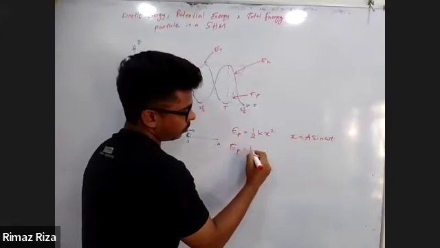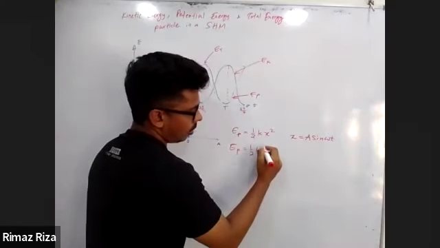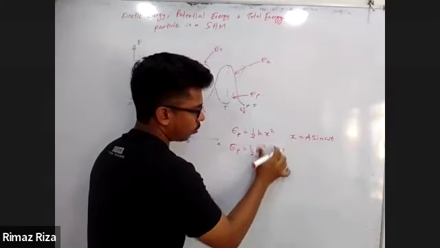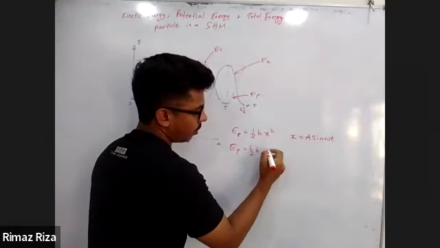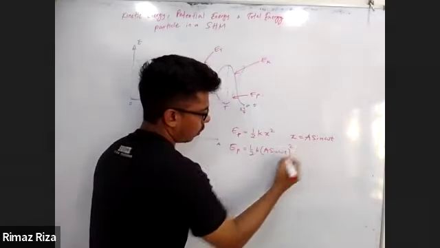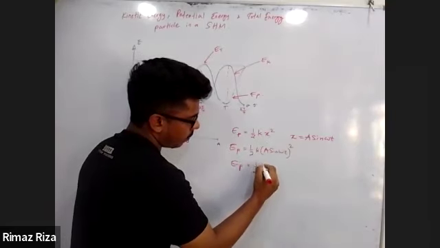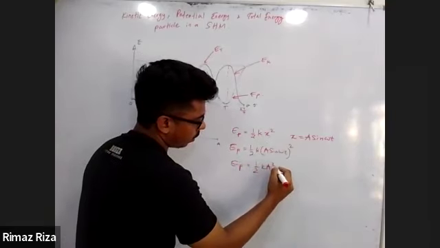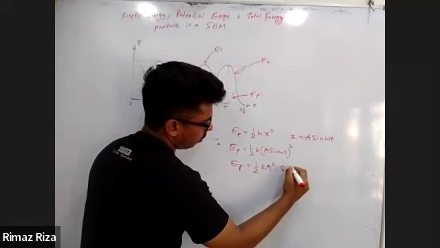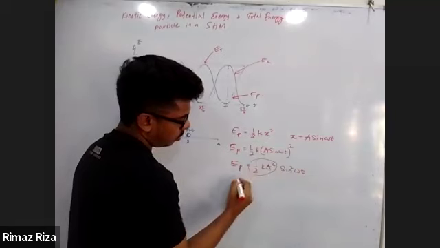So E_p equals half k x squared. So x is a sine omega t, squared. Therefore, potential energy is half k a squared times sine squared omega t. So this is the total energy.